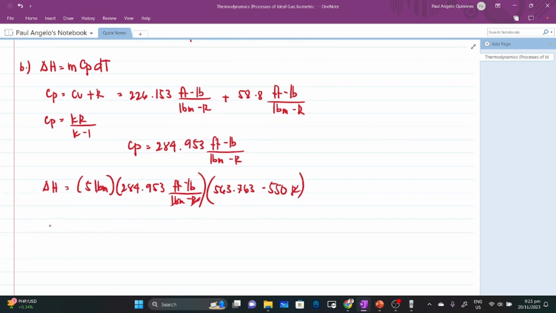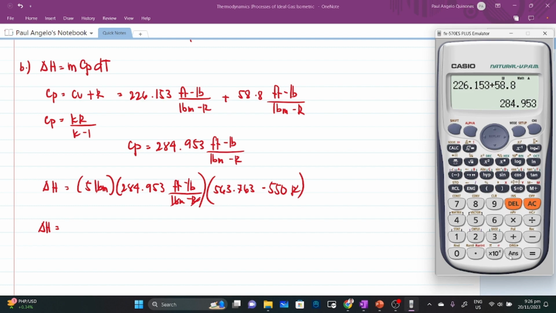However, once we've solved this equation, we need to convert the result in terms of BTU. So we have 5 pound mass times 284.953 times 563.763 minus 550, that is 19,609.